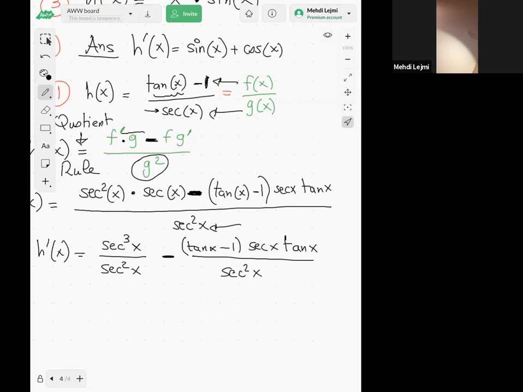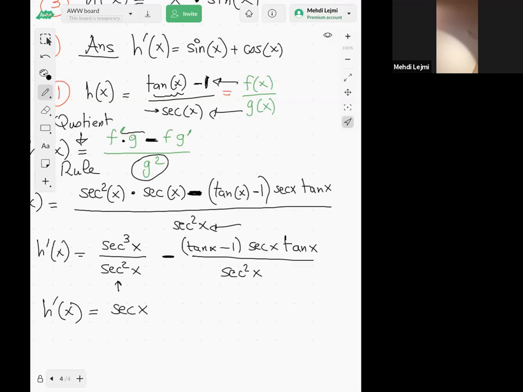Now, let's see. So h prime of x is equal to, well, in the top you see this is secant cubed over secant squared, so this is just secant of x, right?